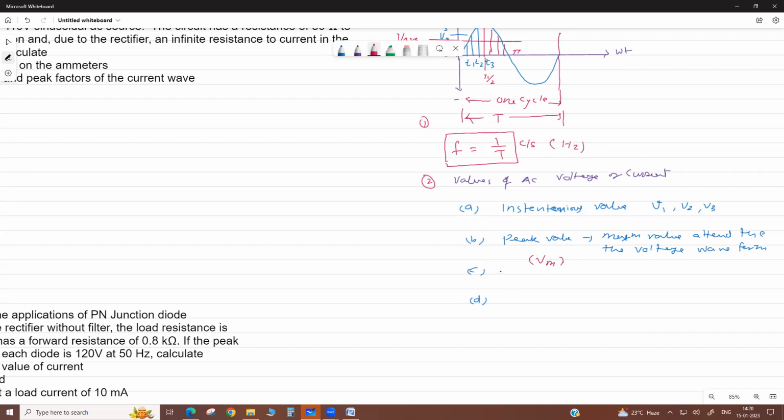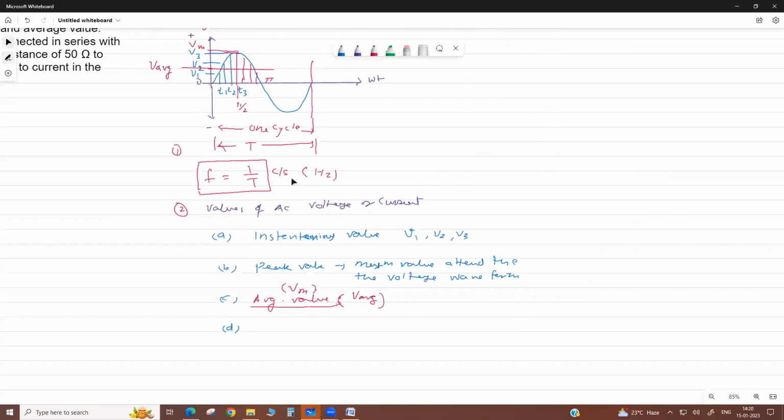Then we calculate the average, V average. How do we calculate the average value?